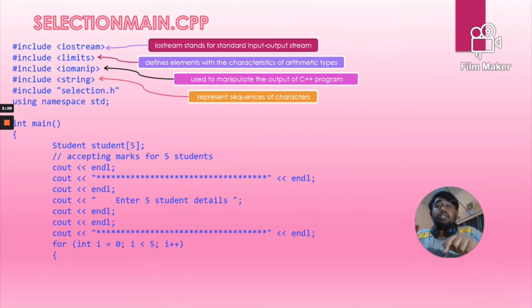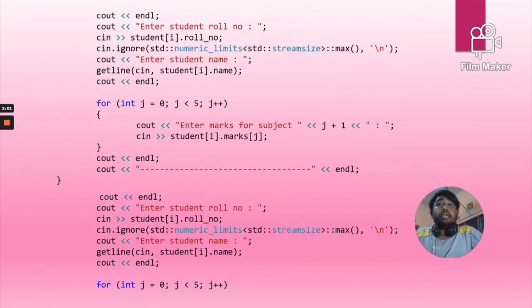Then we code for integer i, i less than 5, and i plus plus. Here we use integer as our main. Integer means a whole number. So i less than 5 means our coding allows students not more than 5. The next is cout and space, cout enter student roll. Student roll means student number.